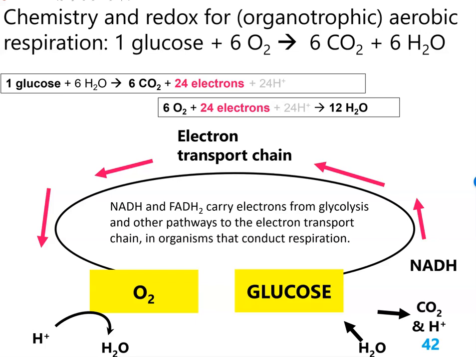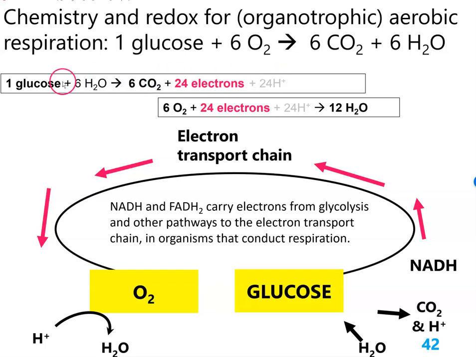So here is the chemistry of aerobic respiration. Again, that's this reaction: glucose plus oxygen becomes carbon dioxide and water. These are the two half reactions that make that up, with the electrons in pink. The donating reaction converts glucose to carbon dioxide and free electrons. There are also protons that we just kind of ignore.